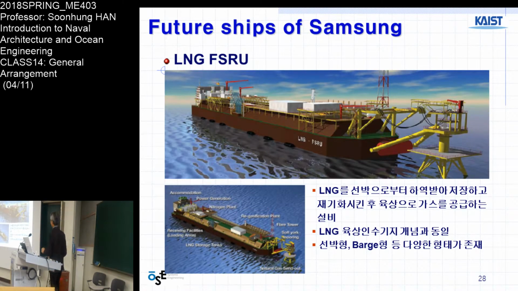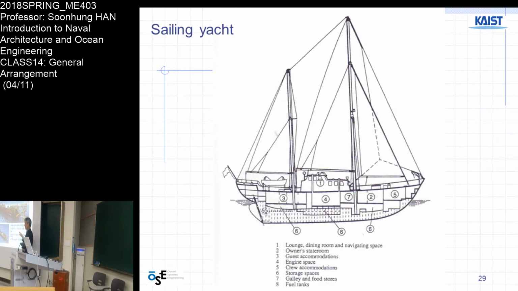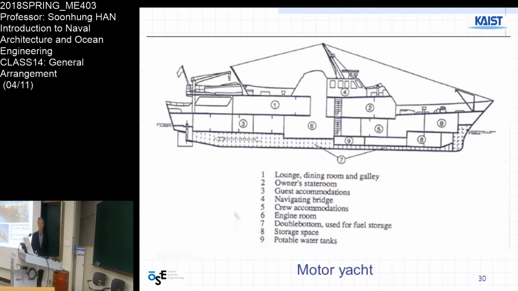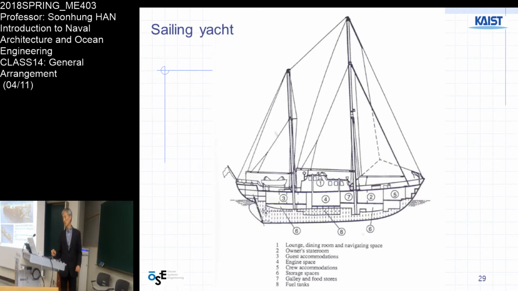It's very similar to FPSO. We're saying floating storage regasification unit. But this one is not far away. This is very near to the land, very similar to a land-based energy storage facility. Nearby in the seashore, they work as a storage tank.